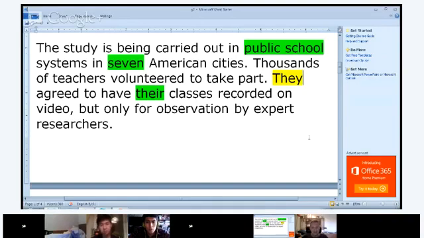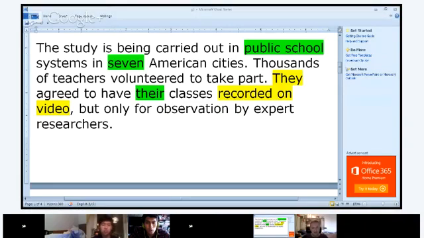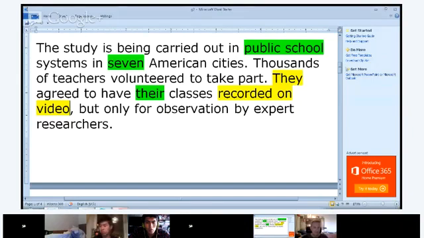Okay, good. Yes. And so they had their classes videotaped, recorded on video. And what's going to happen to the videos? Could I try, teacher? Go ahead, please. Okay. The classes are recorded only for observation and not, in my opinion, to control all the teachers. Right. And for observation by who?